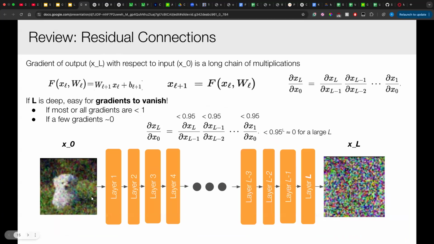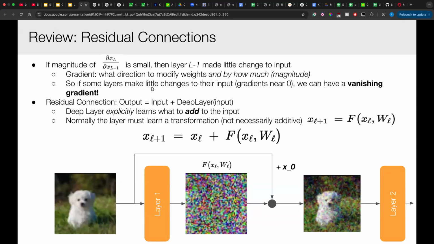The input we're taking in and the output from layer 1 are pretty much the same as the original input. Because remember, the gradient says what direction to modify the weights and by how much. The gradient is like a vector in space, pointing the direction for gradient descent. The magnitude tells you how much. So if the gradient is very small, that layer hasn't really modified our original input.